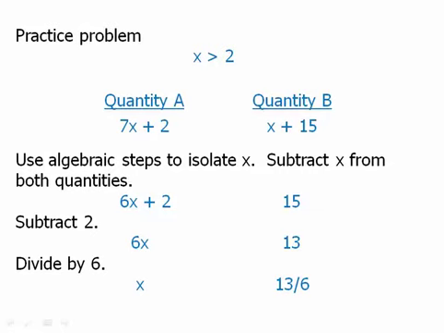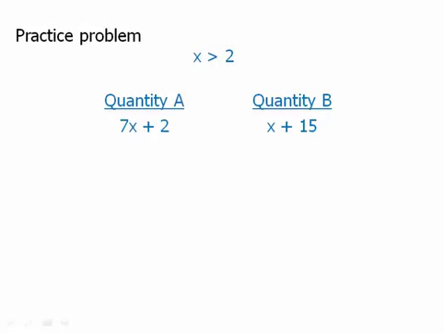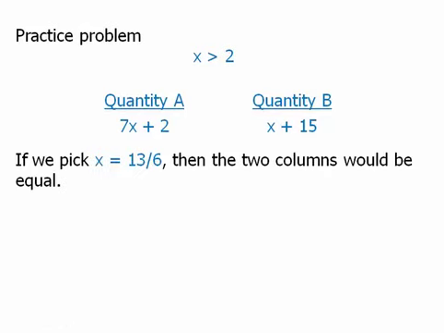Well, notice a few things. Notice that, for example, x could equal 13 over 6, because 13 over 6 itself is a number slightly bigger than 2. Again, there's no guarantee that x is an integer, so don't add that restriction here. x could be any number, so x could be 13 over 6, and in that case, the two columns would be equal.